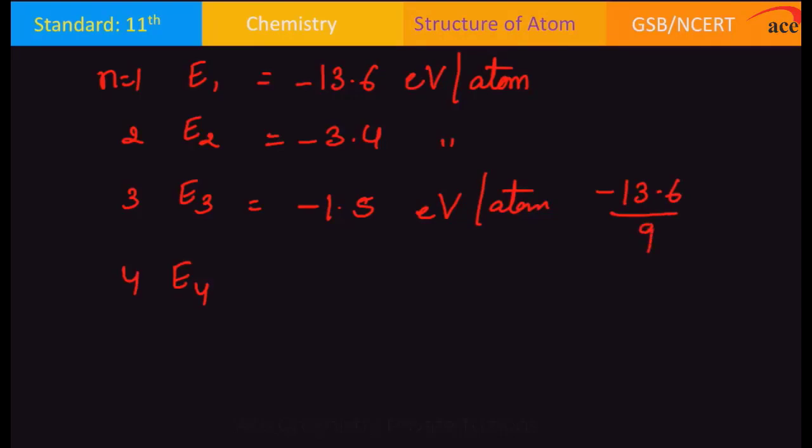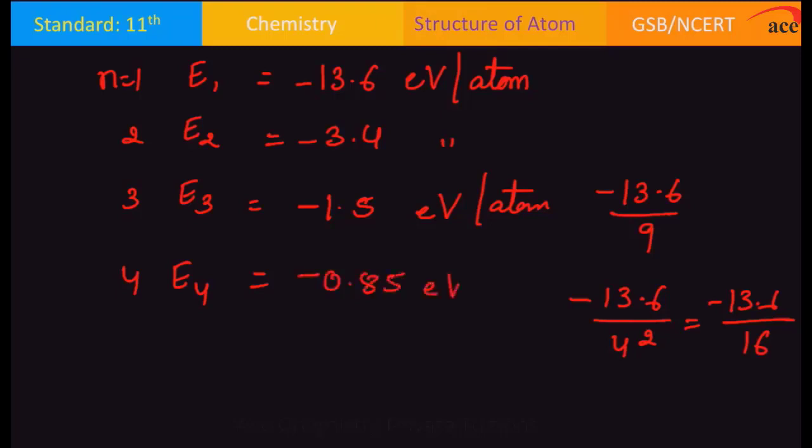That as we are moving away from the nucleus, or as we are increasing the orbit, the energy is also increasing. Here it will be minus 13.6 upon 16. So it comes to this. Are you all getting it? Please understand, the negative sign with a bigger value means it's ultimately a smaller value.